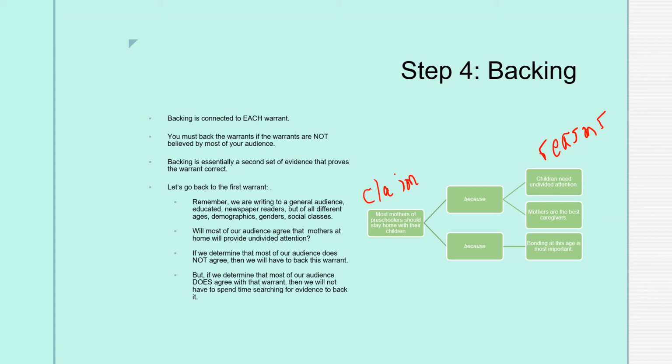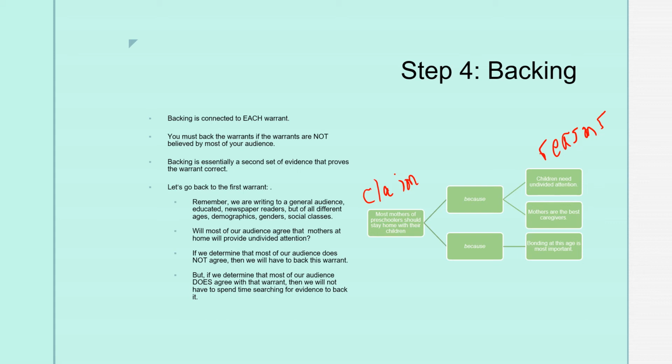So what we need to ask with backing: will most of our audience agree that mothers at home will provide undivided attention? Remember, that was the first warrant. If we determine that most of our audience does not agree, then we will have to back the warrant. If we determine that most of our audience does agree, then we will not have to spend time searching for evidence to back the warrant.